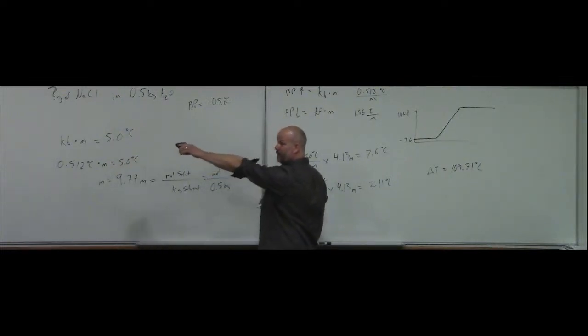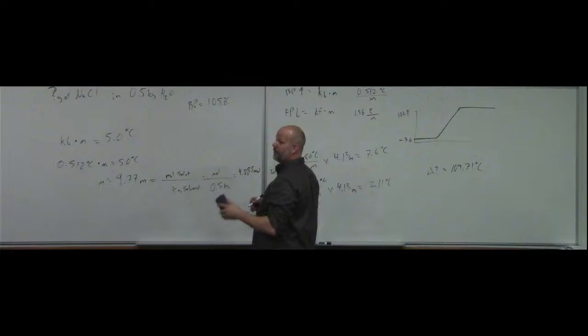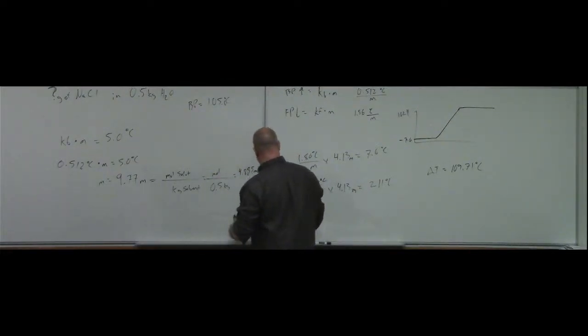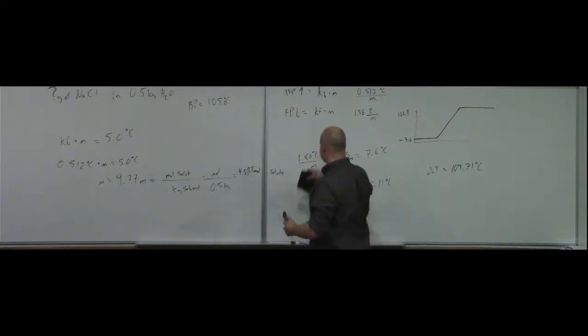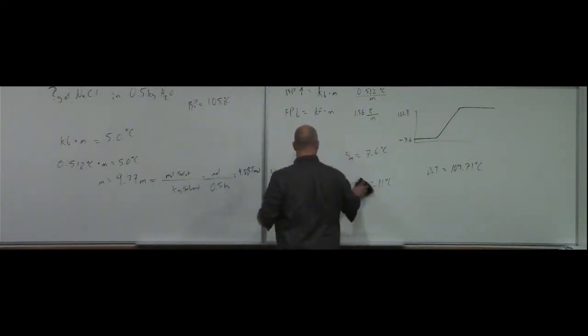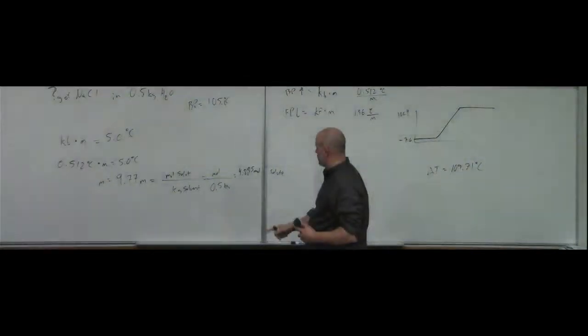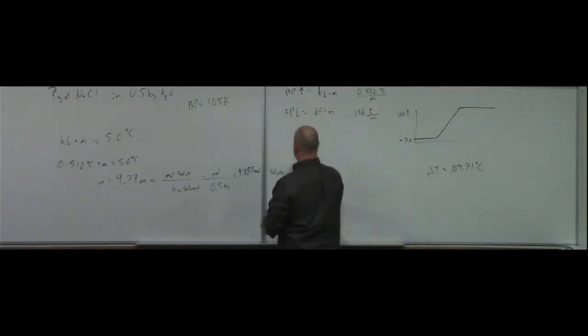This is ionic, so I've got to divide this by 2, because this represents 2 species.